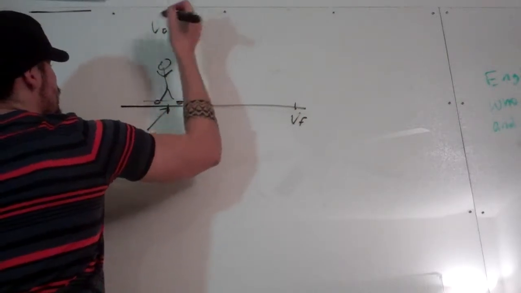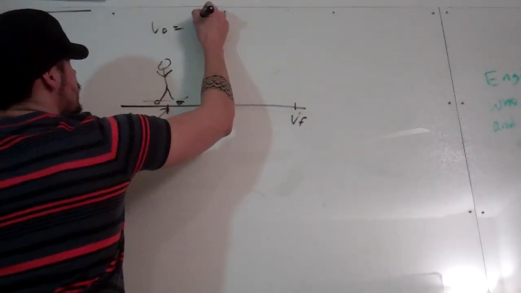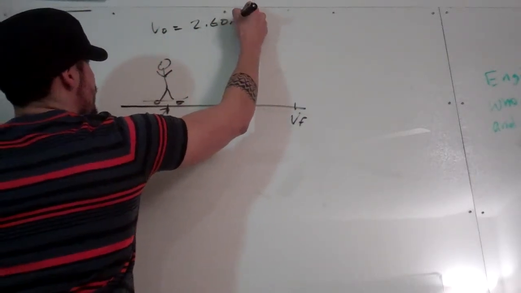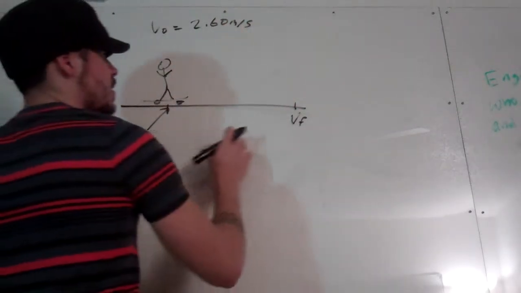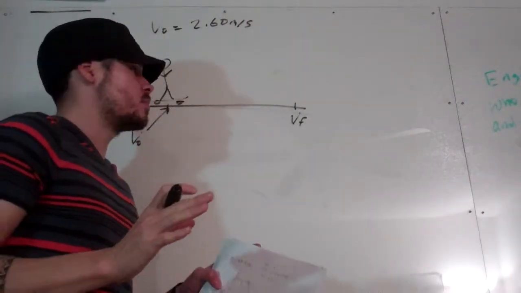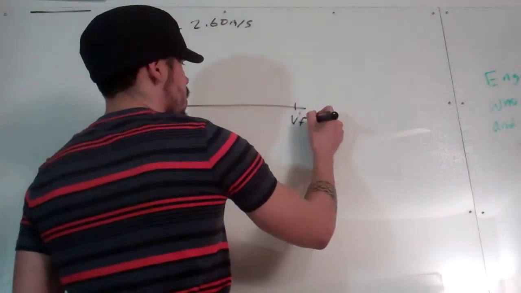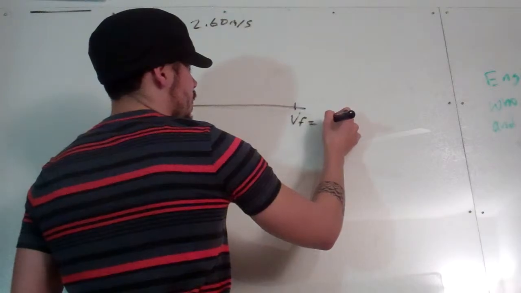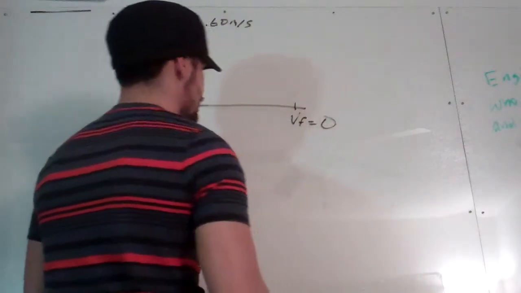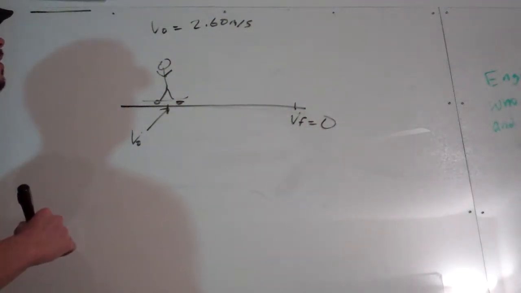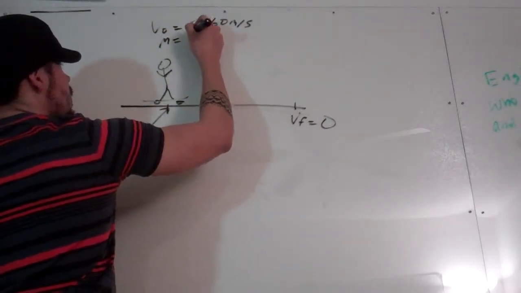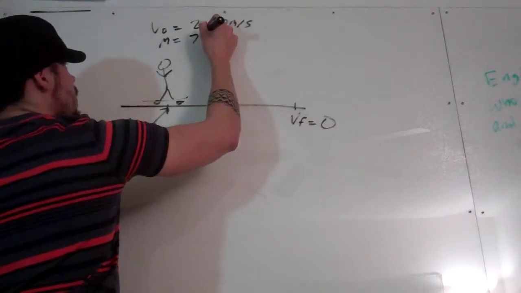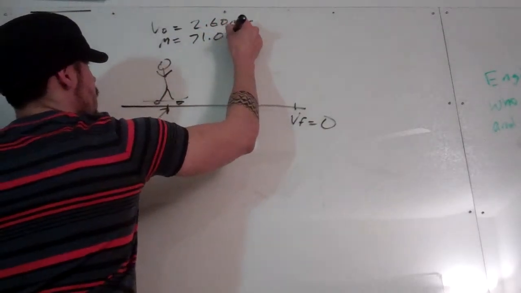V naught is equal to 2.60 meters per second. And at the final velocity, he's at rest. So let's call this final velocity equal to 0. Now we know his mass. His mass is 71 kilograms.